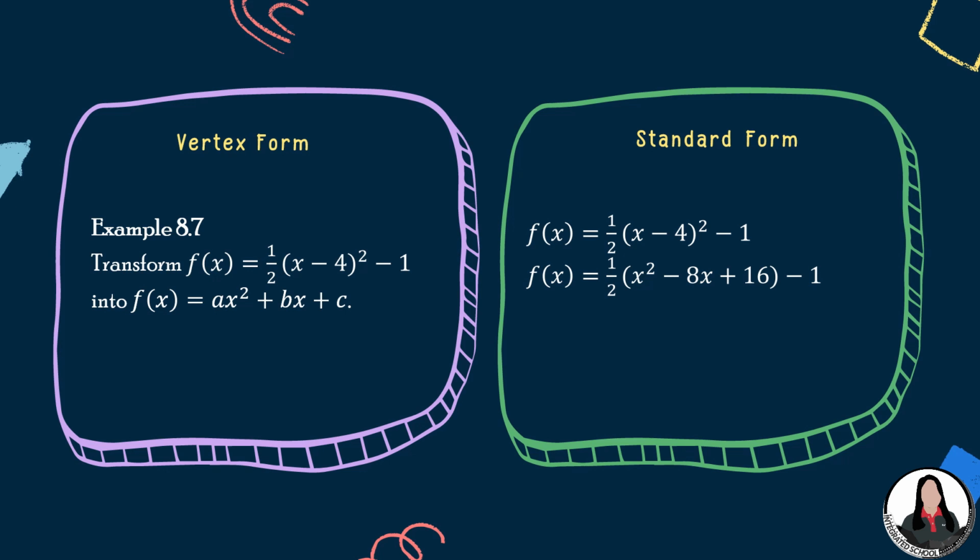So, this will become x squared minus 8x plus 16 multiplied by 1/2, which is the value of a, and then minus 1. This will become 1 half x squared minus 4x plus 8 minus 1. Combining like terms, we have f of x equals 1 half x squared minus 4x plus 7.